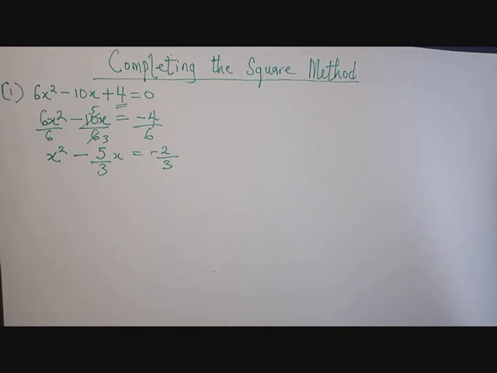Good. So the next step is to add the square of half the coefficient of x.